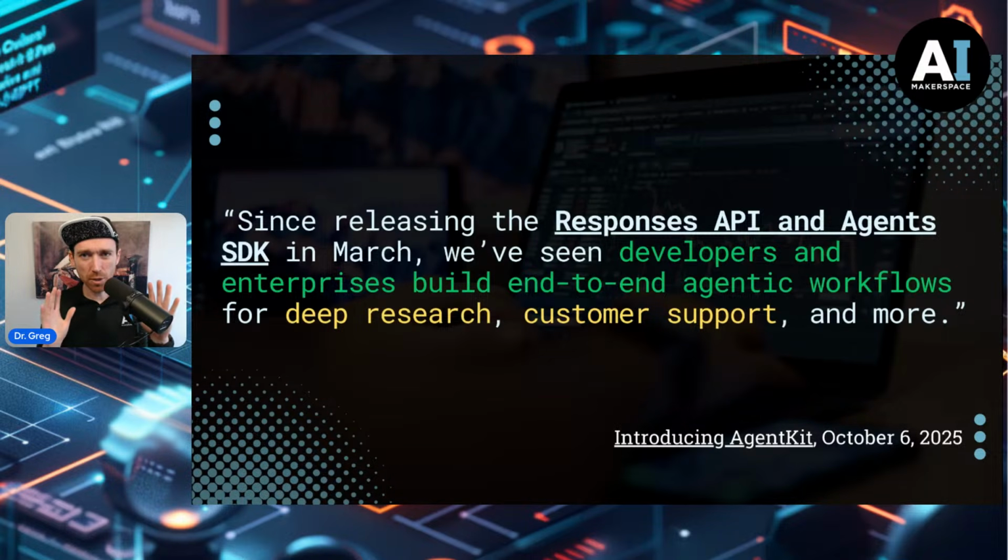It was, I think, about a month ago, we covered it on this channel, where they dropped the AgentKit and the Agent Builder. It's worth noting here, this is a great line from it: Since releasing the Responses API and Agents SDK in March, we've seen developers and enterprises build end-to-end agentic workflows for deep research, for customer support, and more.